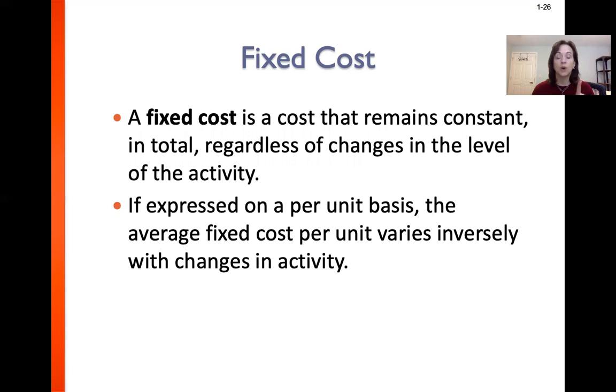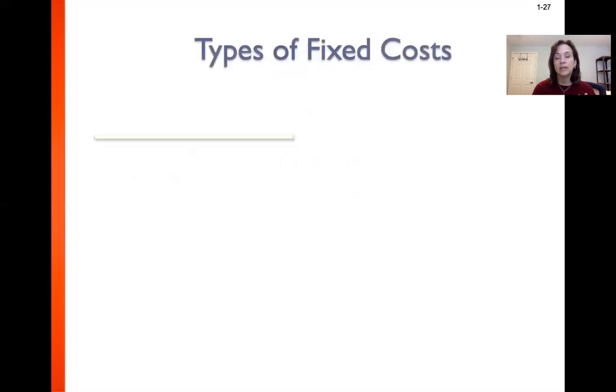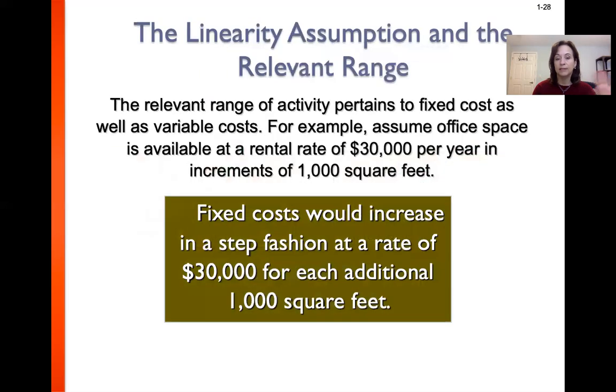Each pizza has $1 of rent cost attached to it. So if I sell more, it's going to spread that cost out over a lot more pizzas, bringing the cost per unit down. So fixed cost per unit goes down as our activity goes up, but in total, it's going to stay the same. So it has to meet both parts of that definition.